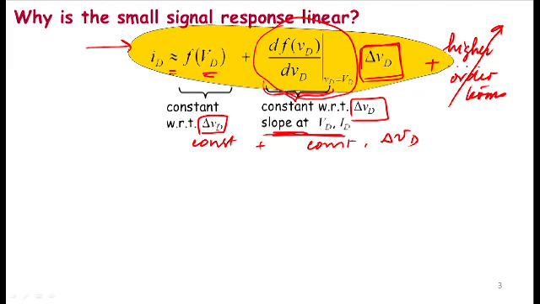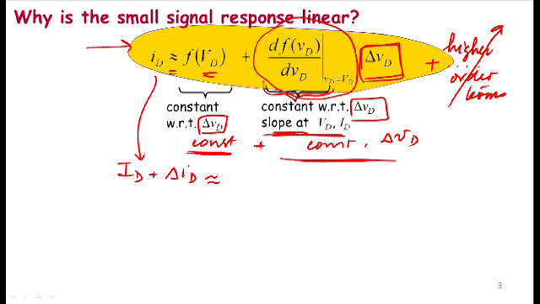So what can I do next? What I can do next is, because ID is equal to a constant, I can express my ID as follows. My ID comprises two components. My ID has some component, capital ID, a DC component, and it has some time varying component that I call delta ID. I'm getting that because on the right-hand side, I have a constant term, and I have a constant times delta VD, which is a term related to delta VD.